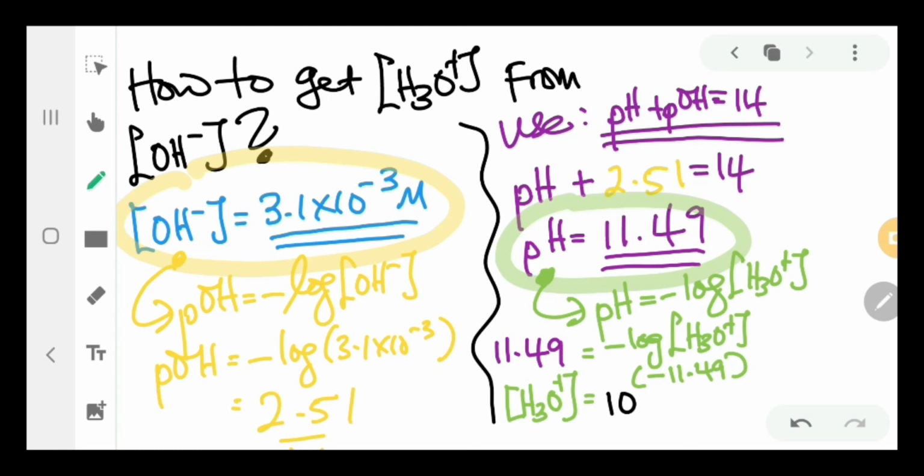The value is about 3.24 times 10 to the power of negative 12 molar. Okay, so that is the answer right there.